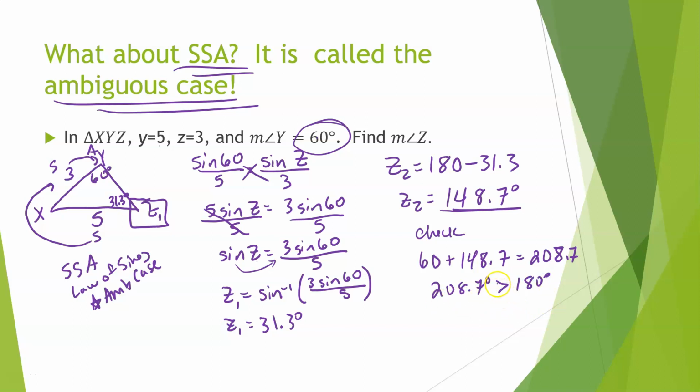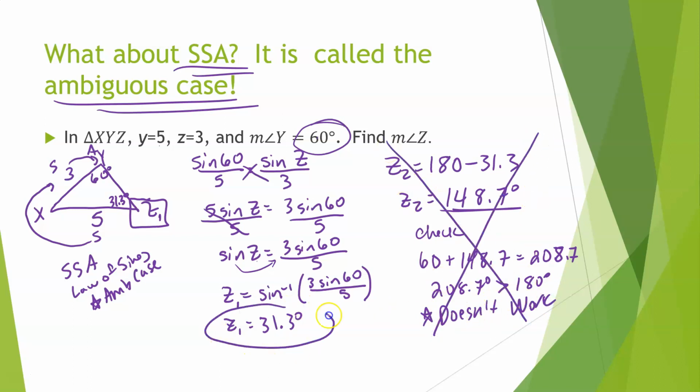That doesn't make sense because those two by themselves are too big for a triangle. So this doesn't work, which means that this second triangle doesn't exist. There is only one triangle that has those things. So the ambiguous case is confusing because we can't even say it always has two options.